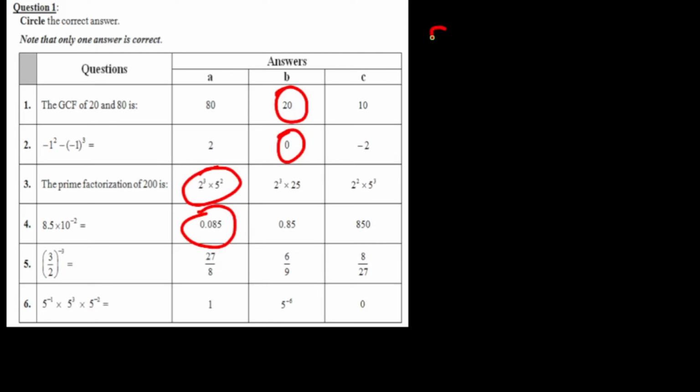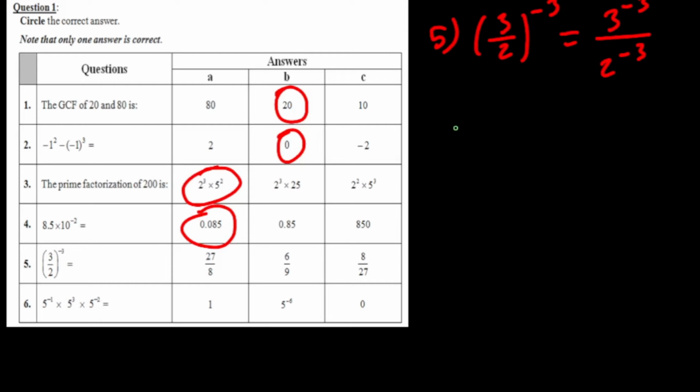Now for part 5, we have 3 over 2, all to the power of negative 3. If you watched my previous video, then this is really easy to solve. What you have to do is first expand, then simplify. So you have 3 to the power of negative 3 over 2 to the power of negative 3.